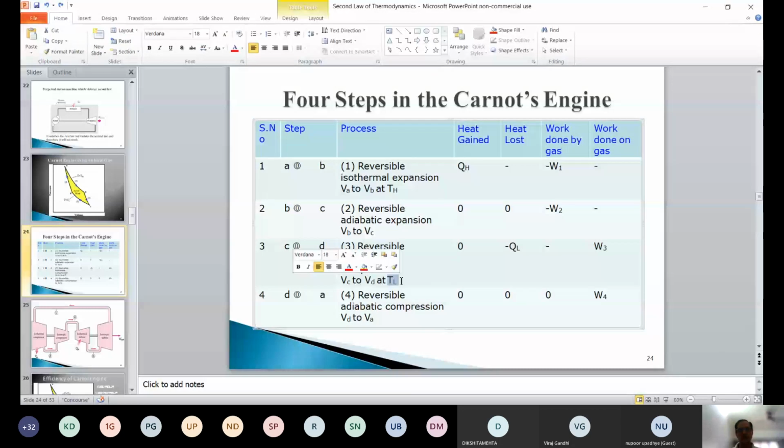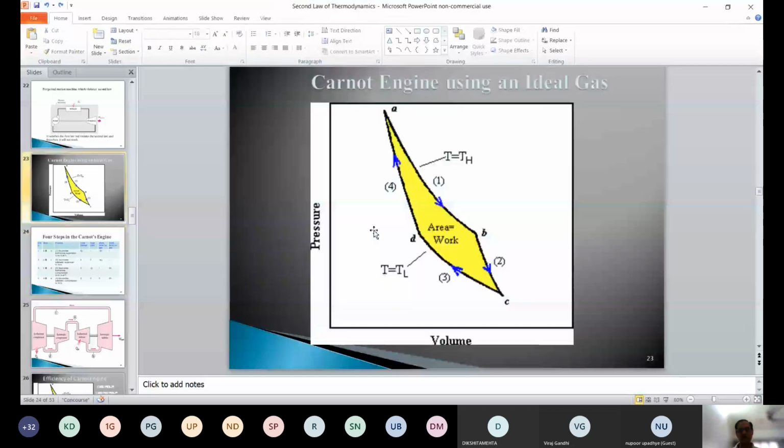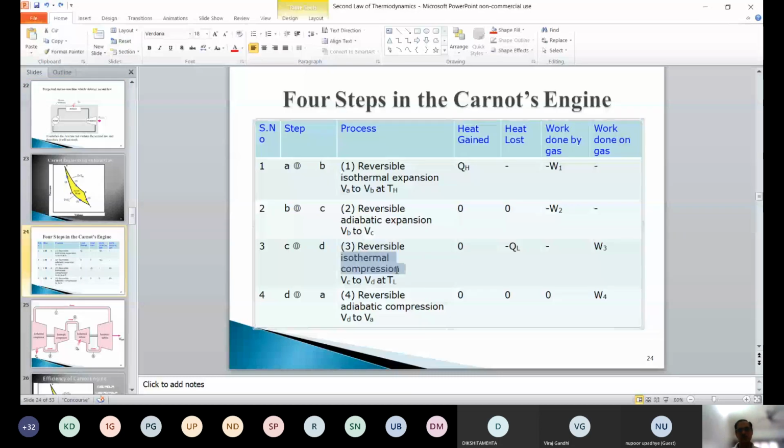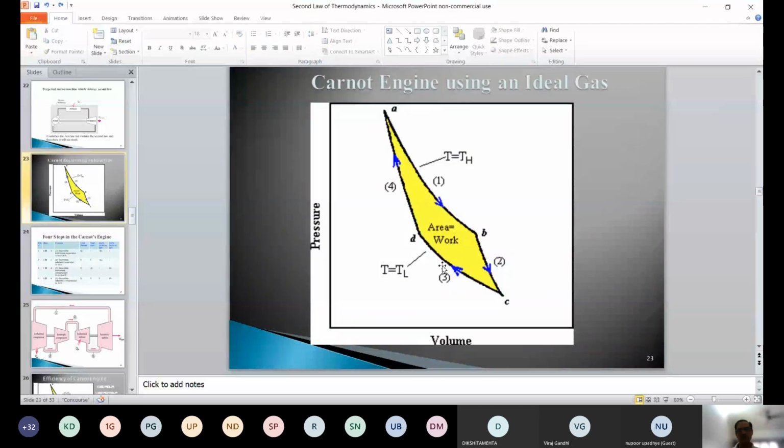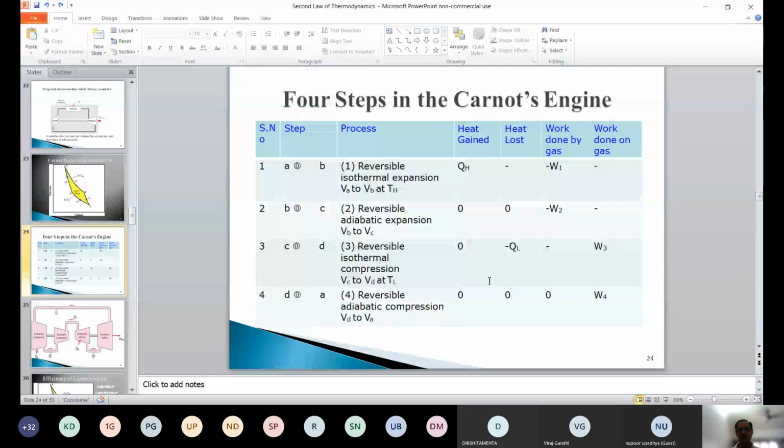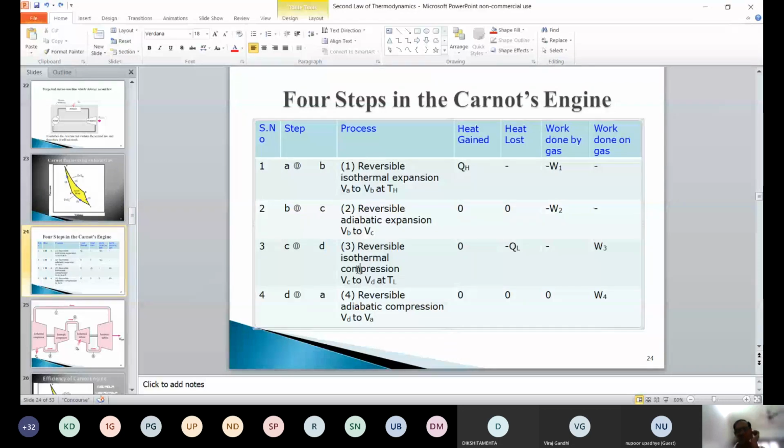When expansion happens here, the temperature also reduces in this step. And here pressure is now increasing, isothermal compression from VC to VD. Compression means pressure has to increase and volume has to decrease. Compression takes place at constant temperature, like this expansion takes place at constant temperature.